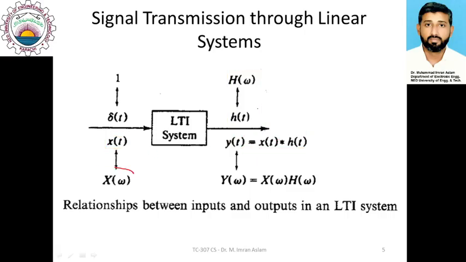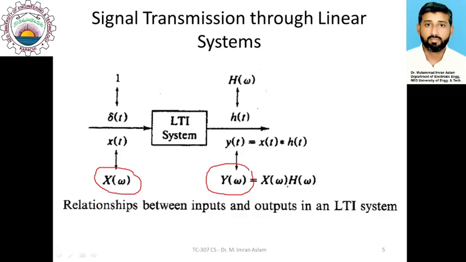Similarly, if you are working in the frequency domain, these arrows show the frequency domain transformation. We are using the Fourier transform to represent the system in the frequency domain. So if we apply this X of omega signal onto the system, of course you get another output, the frequency domain output, which I have represented as Y of omega.